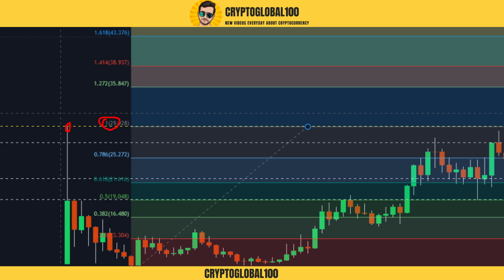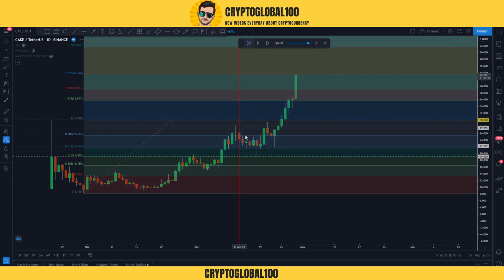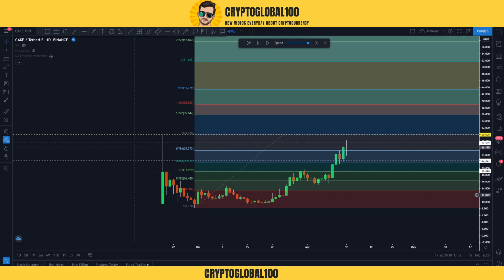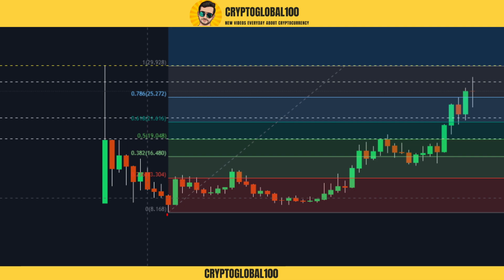This was the low and this was the high. Now you understand why I draw it like this. This was the lowest Fibonacci level, and this is the maximum, which was the all-time high and all-time low. I draw the Fibonacci level like this.